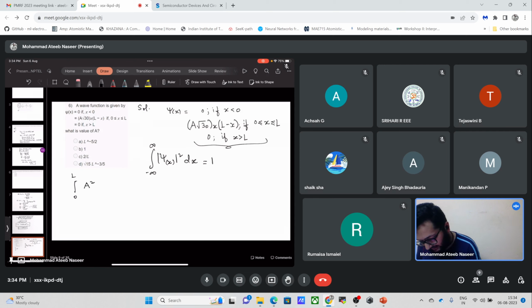Let's do it separately first so that we don't get confused. It will be the integral of (a root 30 x (L minus x)) whole squared dx equal to 1.